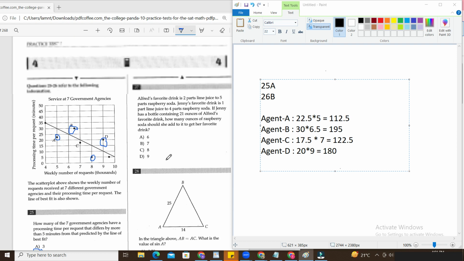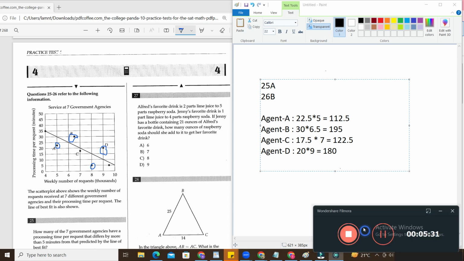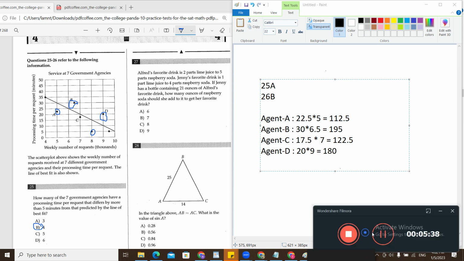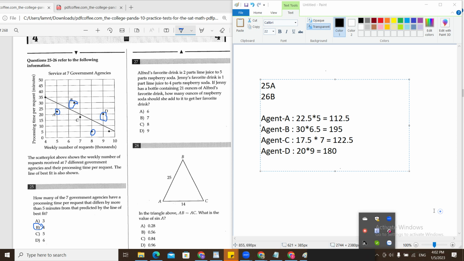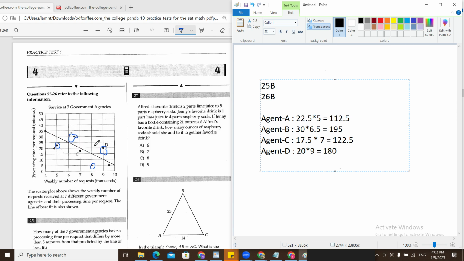Okay, so for number 27, let's do number 27. So 25 is B, 26 is B. 27: Fred's favorite drink is 2 parts lemon juice to 5 parts raspberry soda.